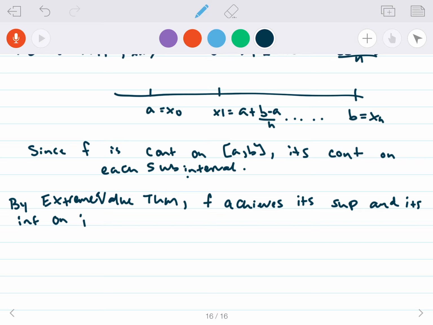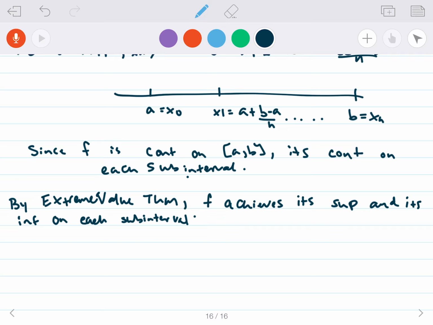So that just means that there's some x in the subinterval so that f of x is equal to the inf and maybe f of x prime is equal to the sup, on each subinterval.